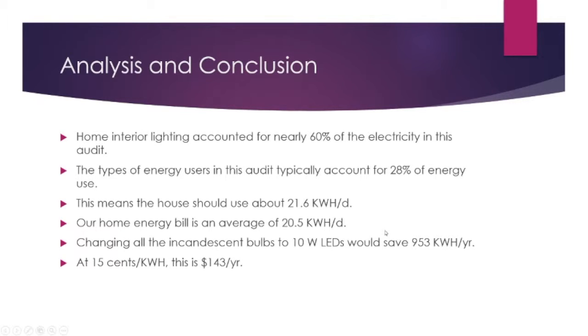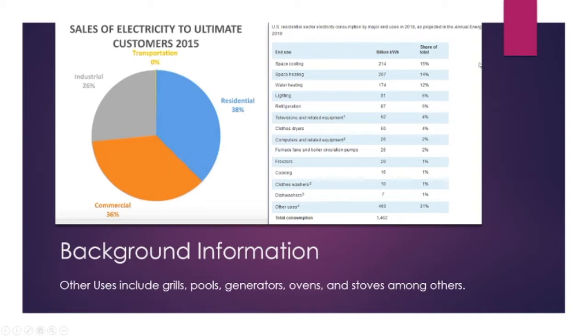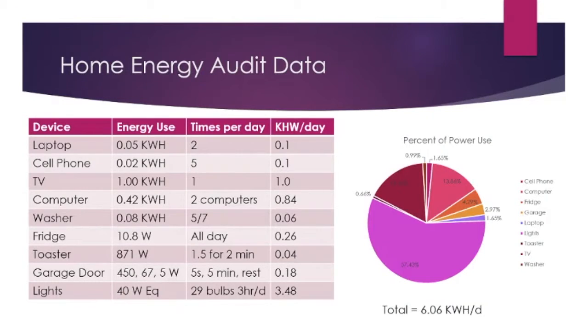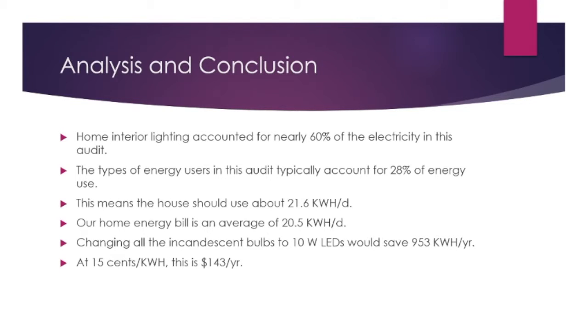As far as overall, from this audit, we saw from the graph previously in the background slide how this lighting through dishwashers section was about 28% of the total home energy use that they found through the website EIA.gov. If we take the 6 kilowatt hours that we found from the audit and divide it by 28%, we would see that the house should have about 21.6 kilowatt hours per day.